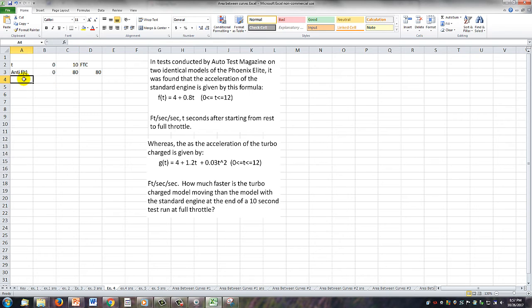And then anti-g of t would be 4 times t plus 1.2 times t squared divided by 2 plus 0.03 times t cubed divided by 3.